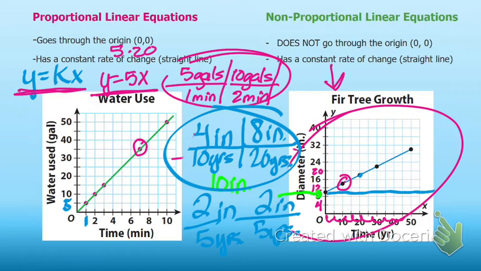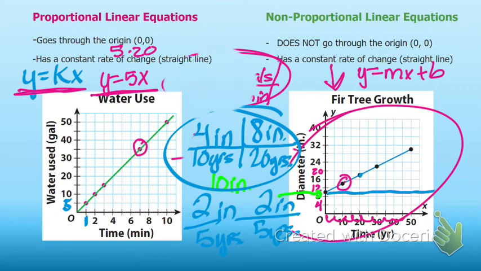Okay, this is the new equation you're going to learn this year. Will you please write that down underneath the non-proportional side, sorry. So for proportional, we never saw anything after the y equals 5x.